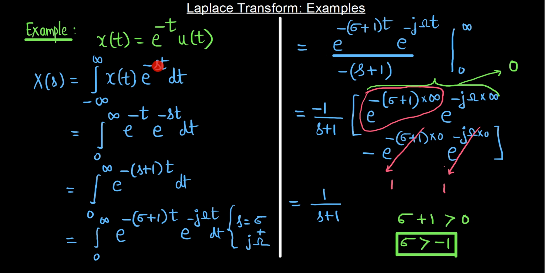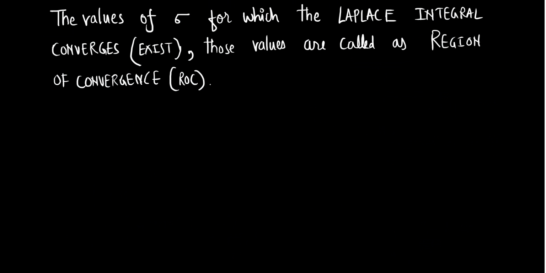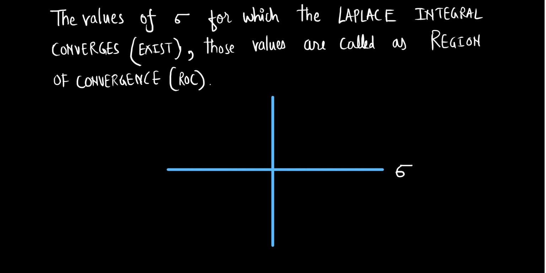So what I mean by that is, let's suppose I draw an S-plane, where this S is a complex plane, where the horizontal axis is sigma and the vertical axis is j omega.